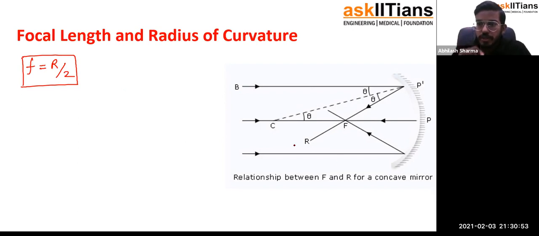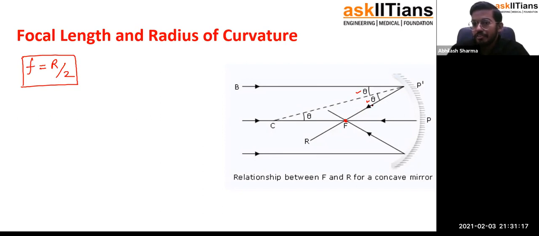Do you see the diagram here? I've drawn a diagram where parallel rays are coming and getting focused at the focus, like here. That's how focus is defined. The dotted line is the normal for this reflection. So the incident angle must be equal to the reflection angle, which you see here, theta.